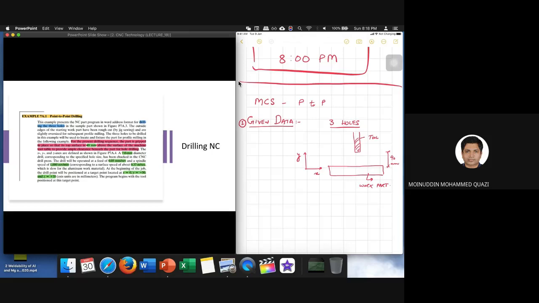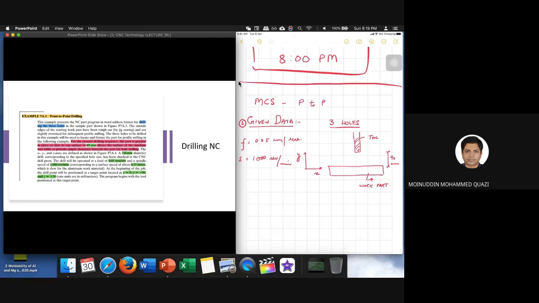The drill will be operated at a feed, F equals 0.05 millimeter per revolution, and a spindle speed, S, given as 1,000 revolutions per minute, corresponding to a surface speed of about 0.37 meter per second. Surface speed is not important, which is slow for aluminum work part material.